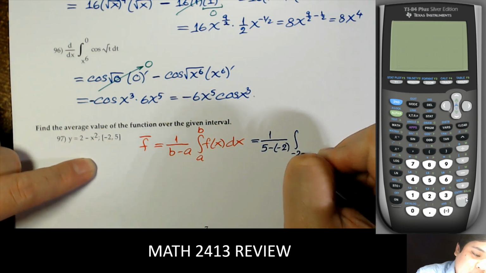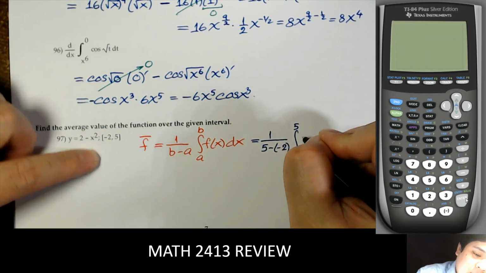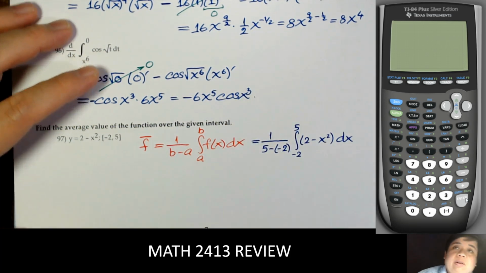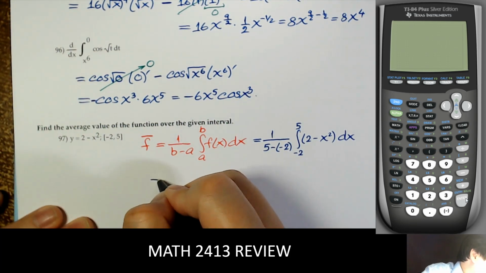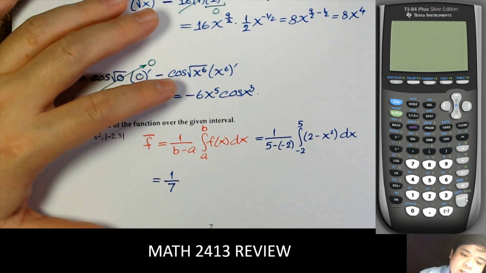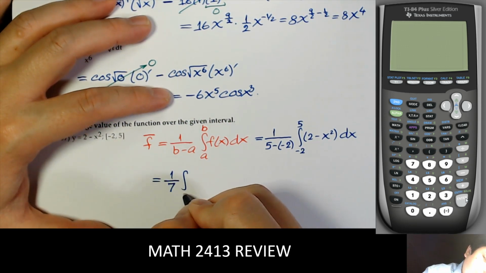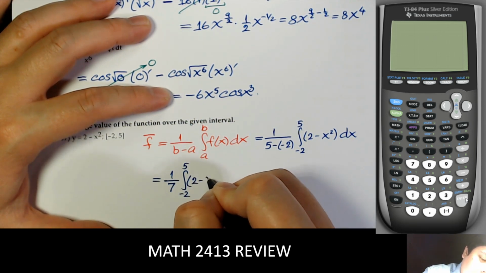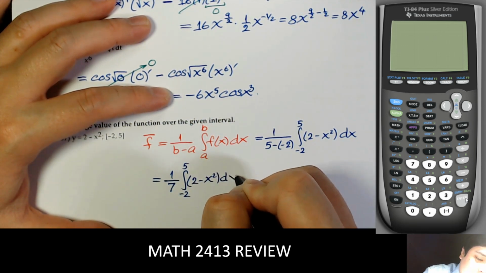We go from negative 2 to 5, 2 minus x squared dx. Right. So that gives us 1 over 7 times the integral of negative 2 to 5, 2 minus x squared dx.